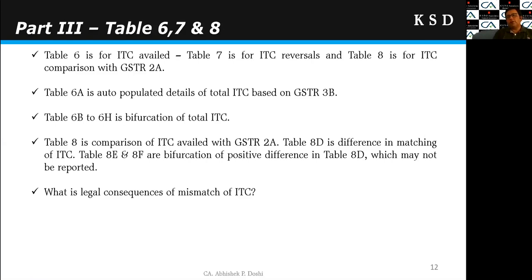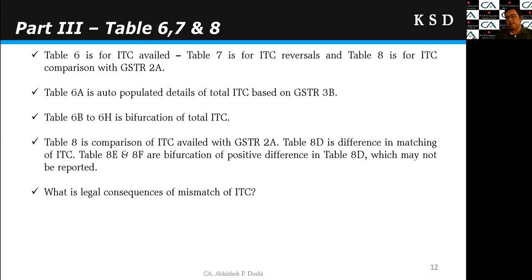The most important question in this Table 8 is: what are the legal consequences of the mismatch of ITC? If I have ITC in the books of accounts or 3B of 1 lakh rupees and in 2A only 80,000 is reflected, what are the legal consequences for the balance 20,000? As we all know, GSTR 2 and 3 are not operational.